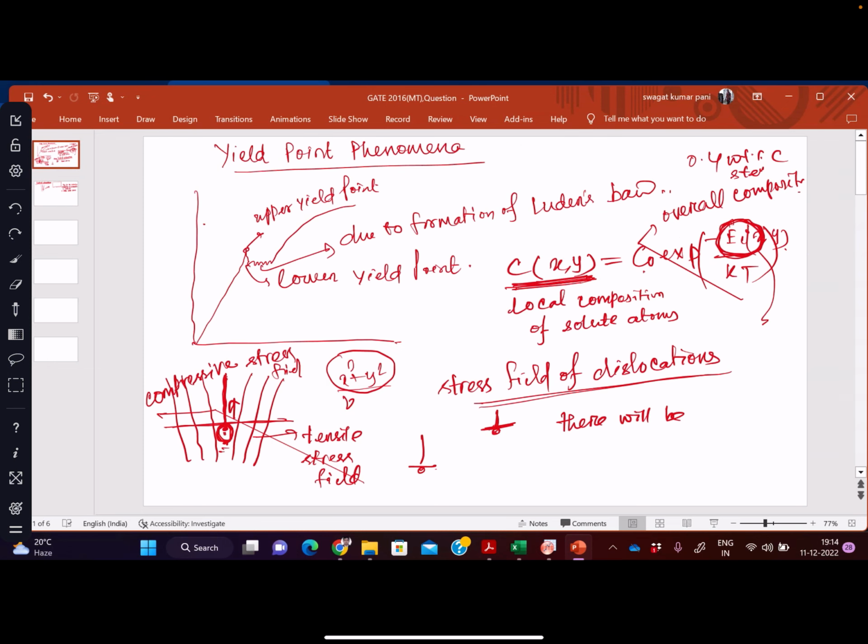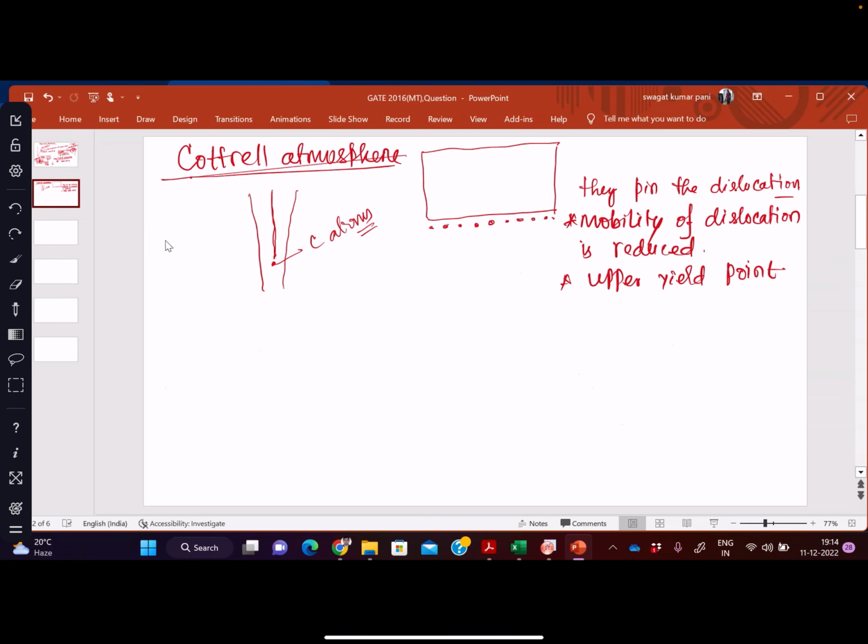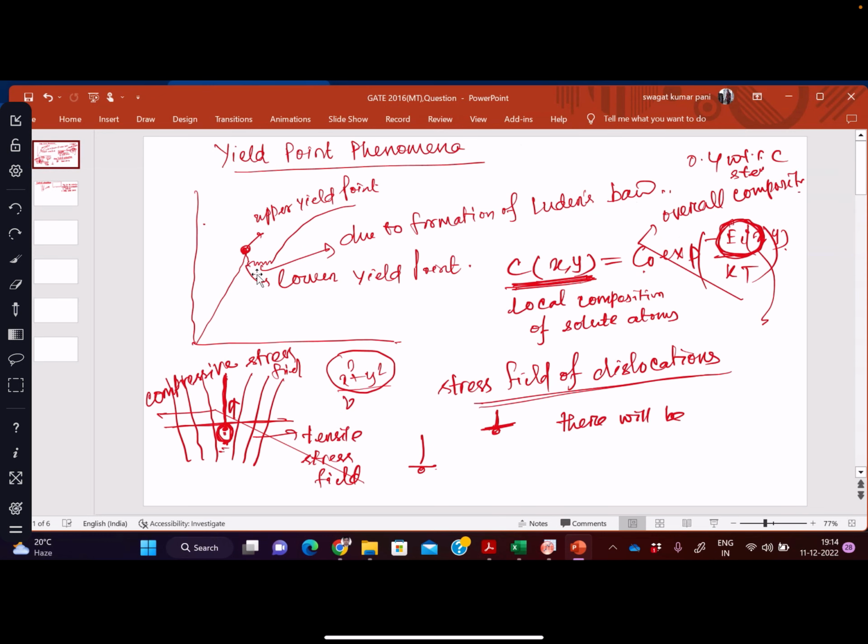Here I have shown this point: we have to go to a certain higher stress to break the Cottrell atmosphere. To remove the solute atoms from the dislocation we have to go to a bit higher stress, that's why this upper yield point appears here.